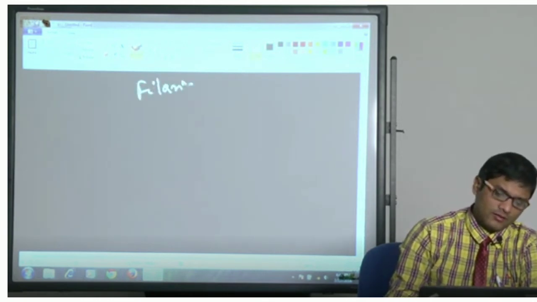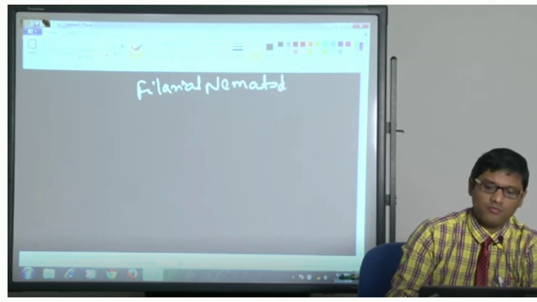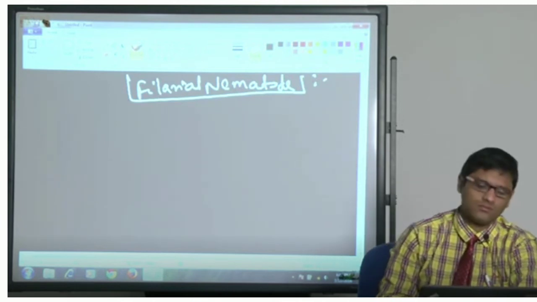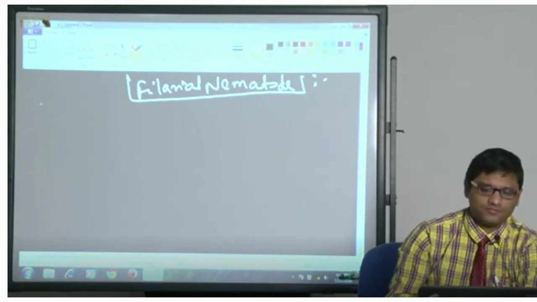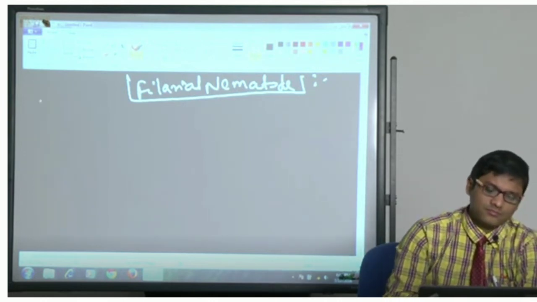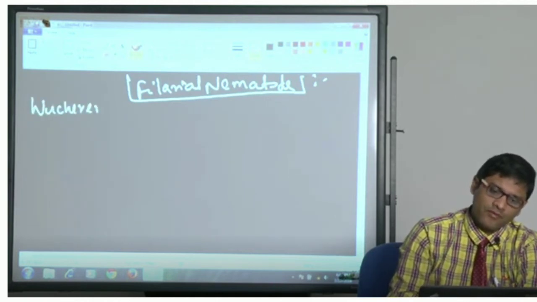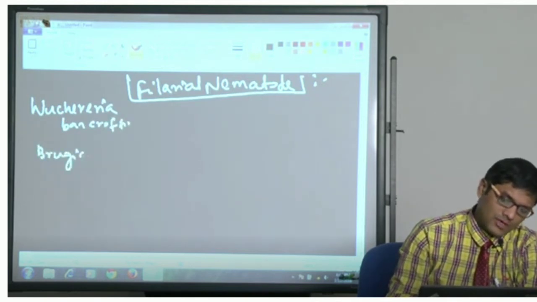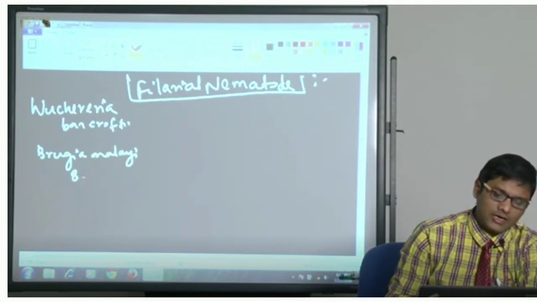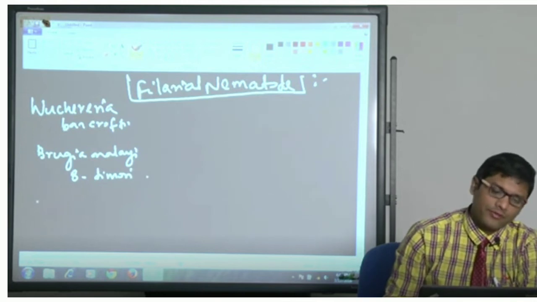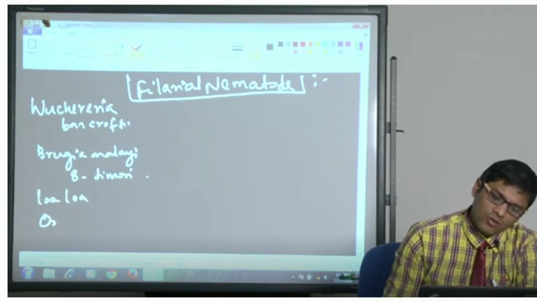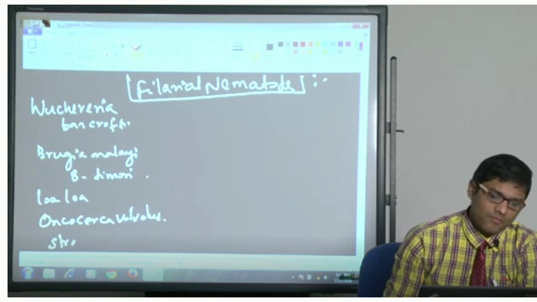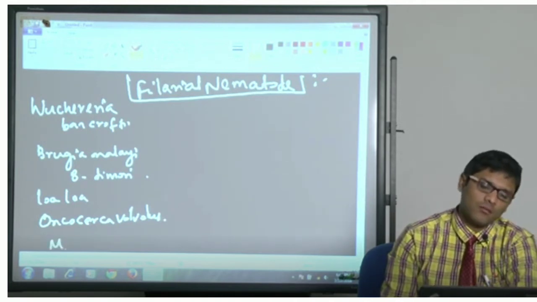Then filarial nematodes. Filarial nematode examples: Wuchereria bancrofti, Brugia malayi and Brugia timori, then Loa loa, Onchocerca volvulus, and Mansonella streptocerca, Mansonella.